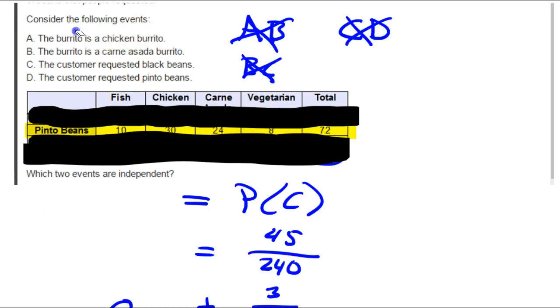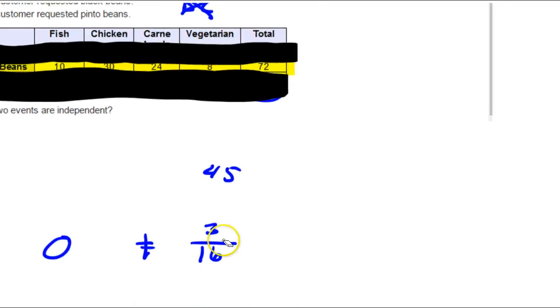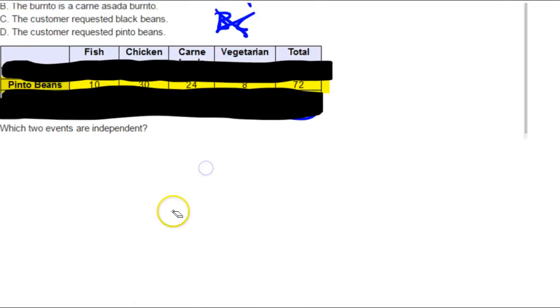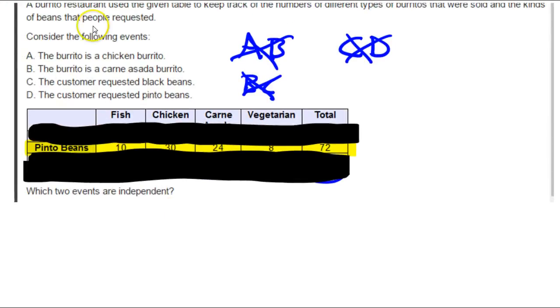So let's mix and match burritos and beans. We did B and C, so that was a good try. How about A and C? Let's try that.